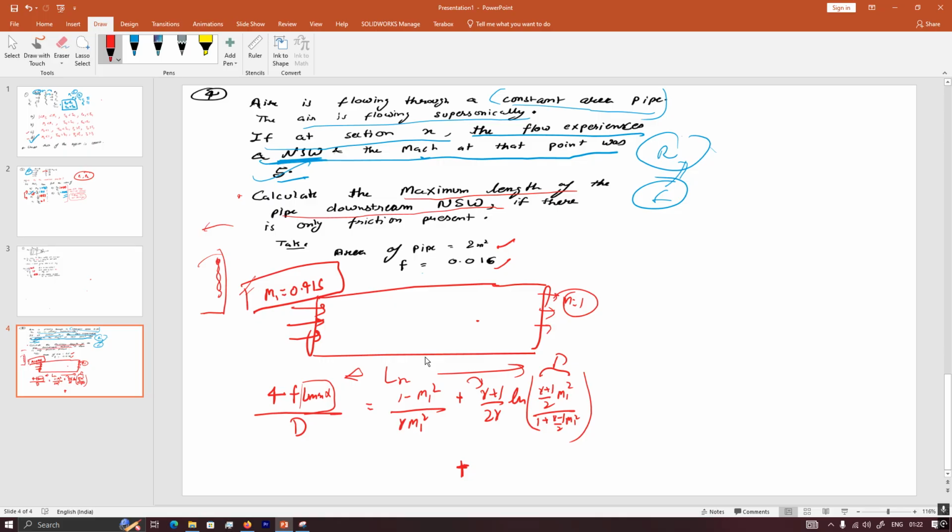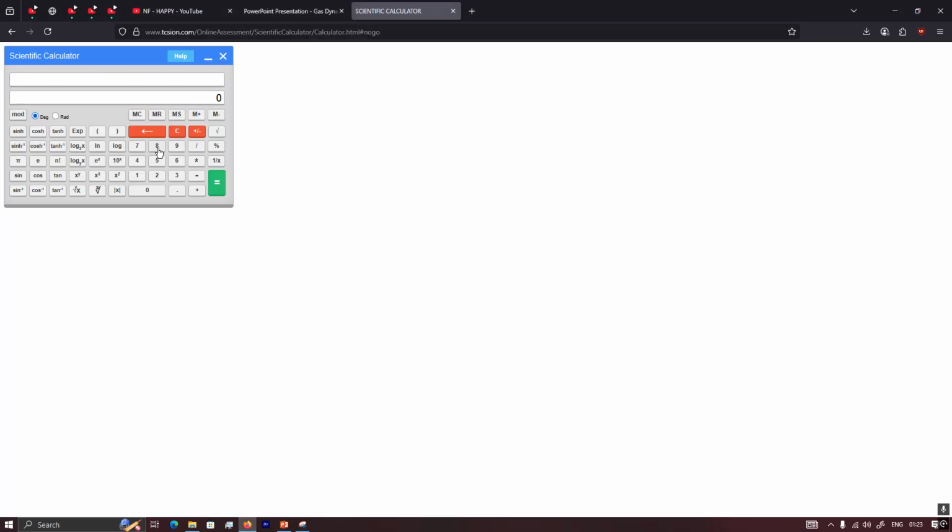Before that you have to calculate the diameter because you are not given the diameter, only area. So pi by 4 d square equals 2. So d square will be equal to 4 into 2 upon pi, and d is the root of 8 by pi, around 1.6.